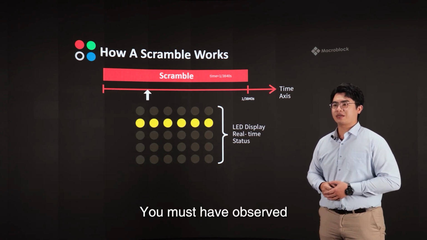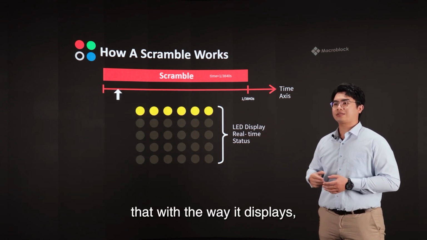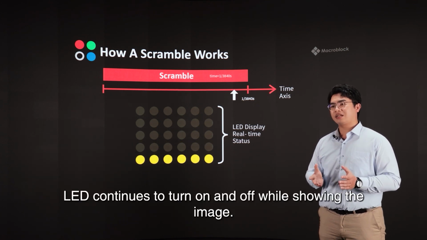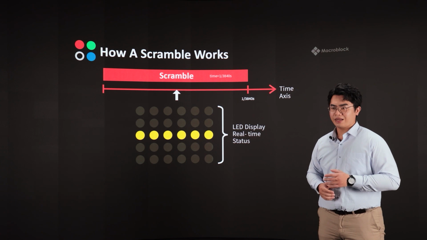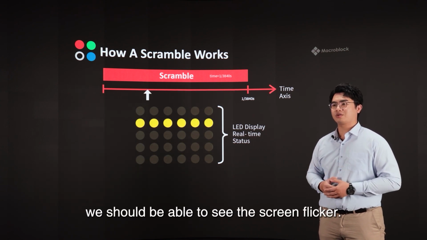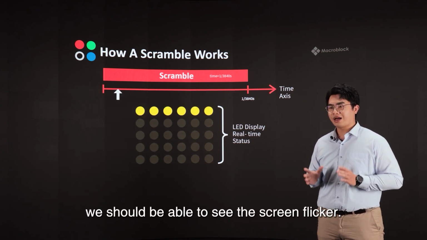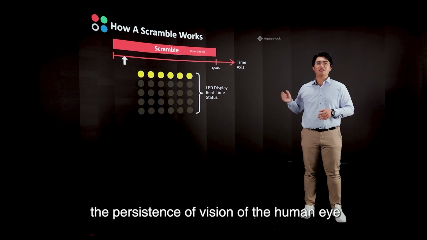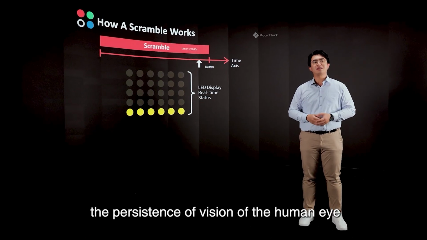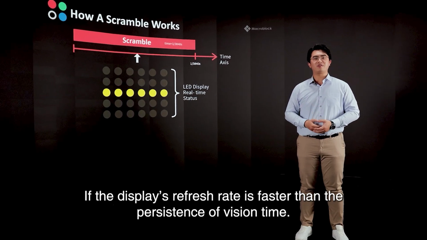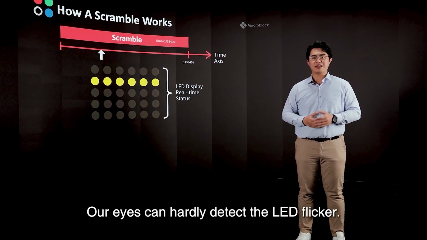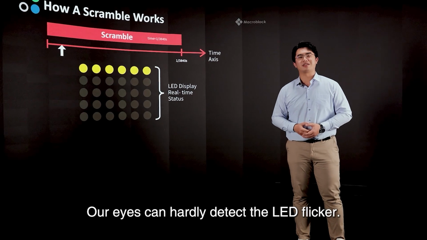You must have observed that with the way it displays, LEDs continue to turn on and off while showing the image. In theory, we should be able to see the screen flicker. However, given the precision of vision of the human eye, if the display refresh rate is faster than the precision of vision time, our eyes can hardly detect the LED flicker.